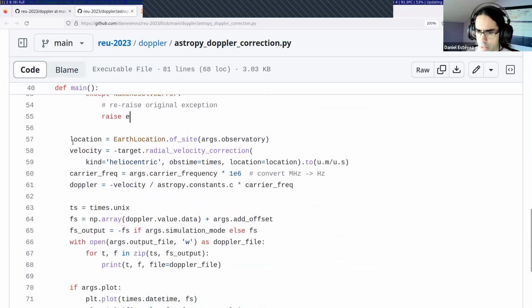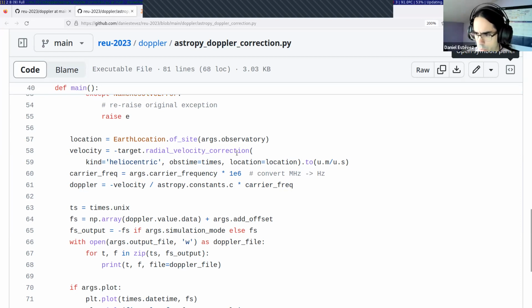So once we have that, we need the location of the observatory that's using the offsite, which basically uses the AstroPy database of observatories. And to compute the velocity, there is this radial velocity correction function, which when you specify the heliocentric correction, computes the velocity which is due to the Earth rotation and to the Earth rotation around the Sun, not to the source proper motion, not to the movement of the Sun through the Milky Way, etc. Just those two movements within the solar system.